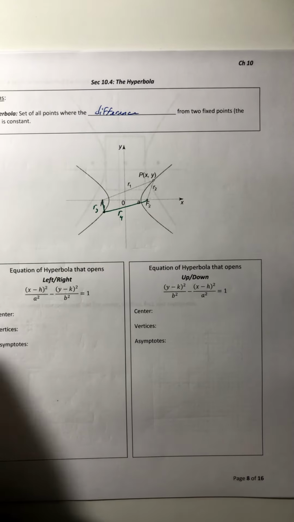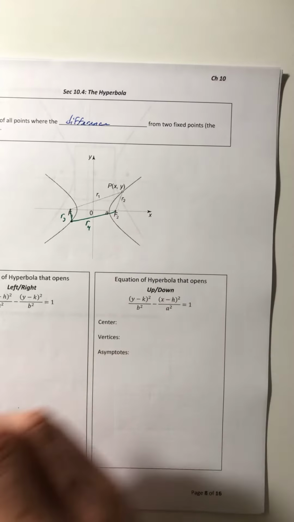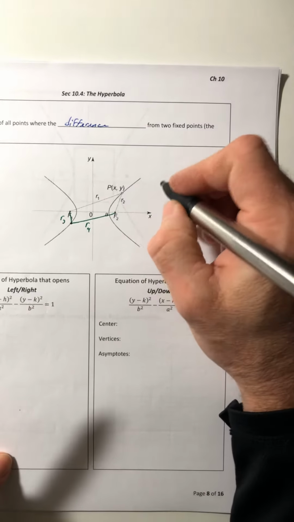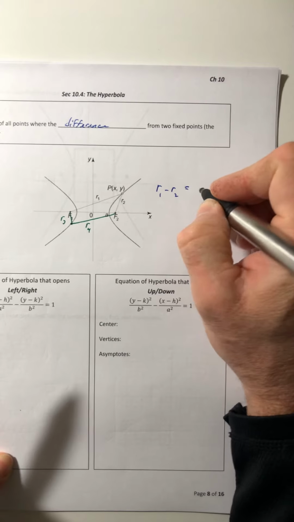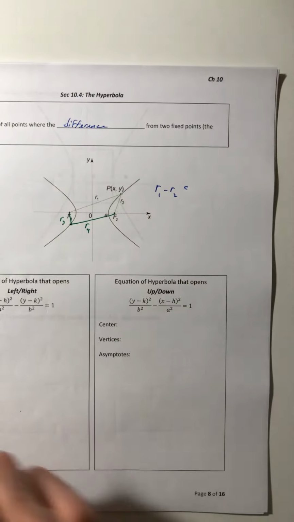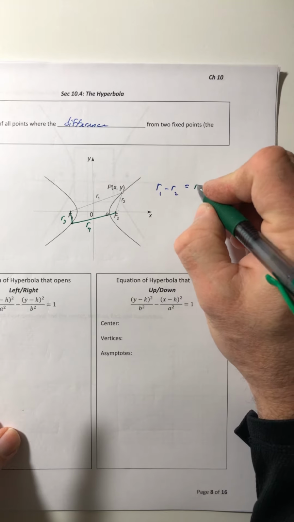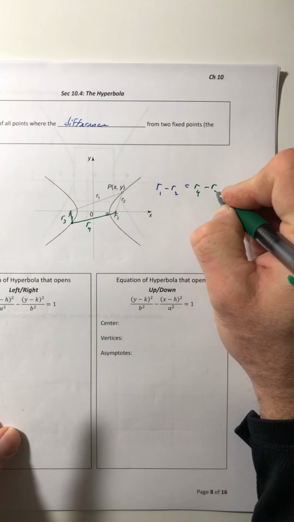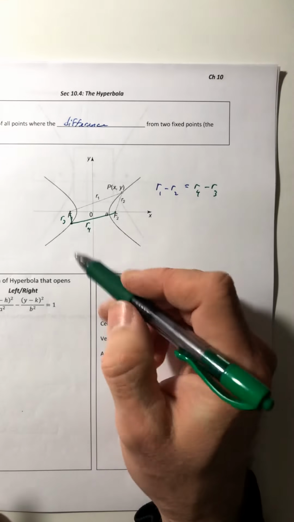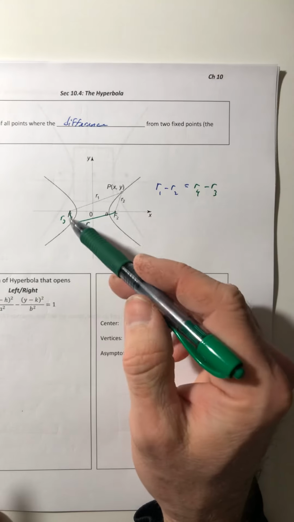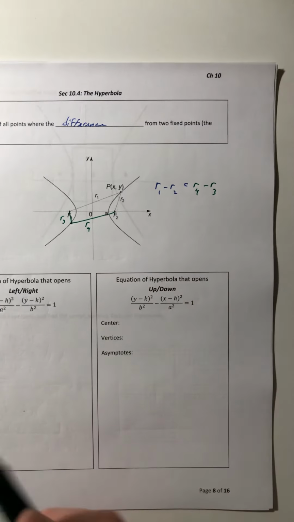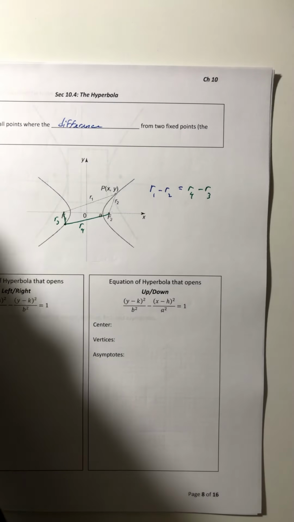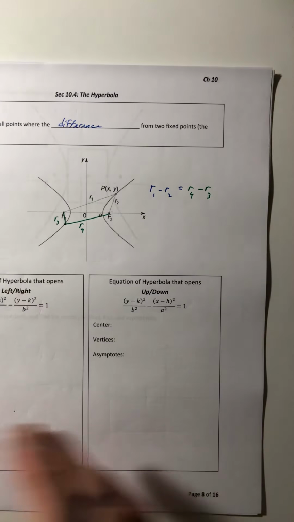So according to the definition, if you took R1 and subtracted R2, that would equal R4 minus R3, no matter where you chose the point. If you subtracted those two distances, you would always get the same value. So that's what makes it a hyperbola.